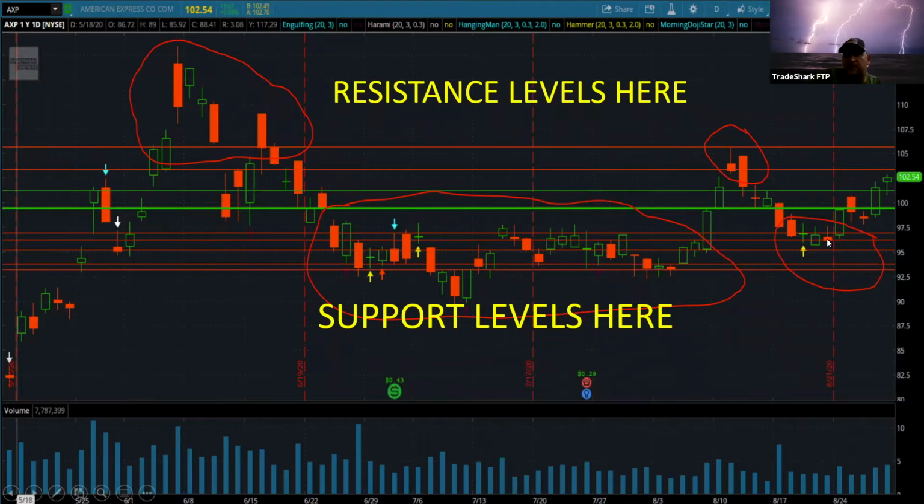That's called an inverted hammer. And then that's usually a reversal signal. Okay, inverted hammers are usually a reversal signal off a downtrend. Now look at this. Downtrend, inverted hammer, held a support line, and up we go. It's really that easy. It really is.